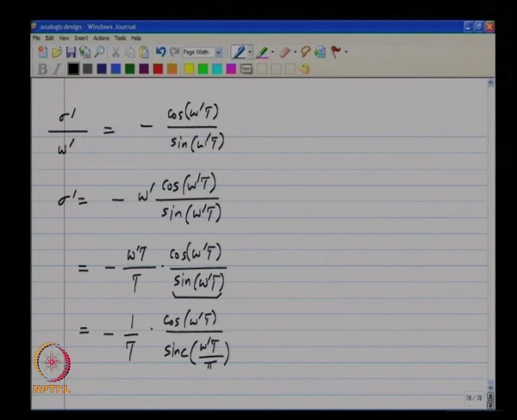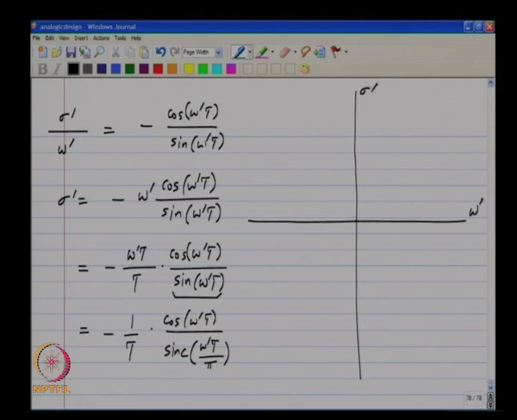It makes it easier to find out the value at omega prime equal to 0, etc. So, again I am going to plot this with omega prime as the x axis and sigma prime as the y axis. Okay. So, first of all, for omega prime equals 0, the cosine is 1 and the sinc is 1. So, the result will be just 1 by tau.